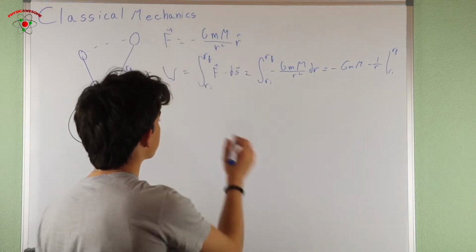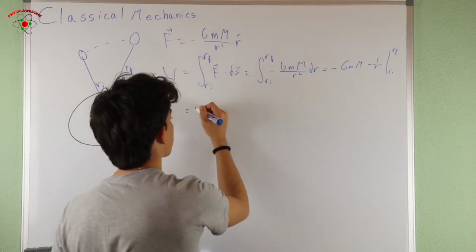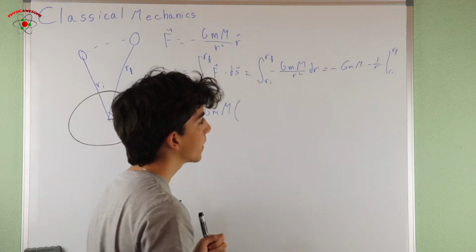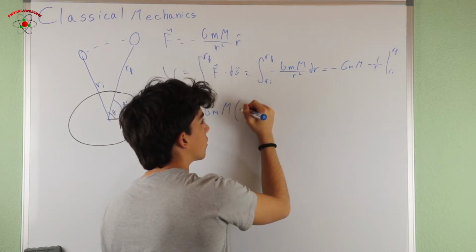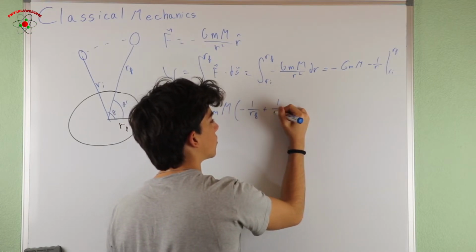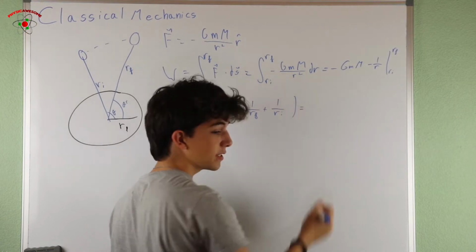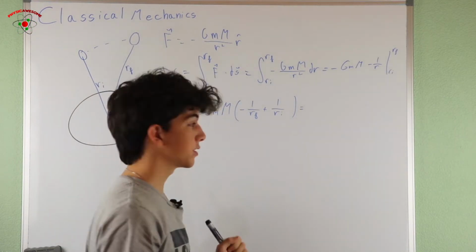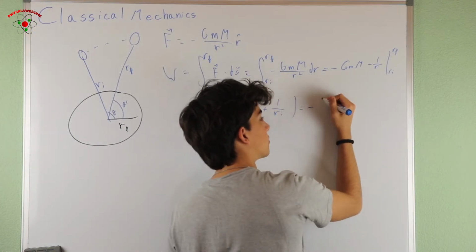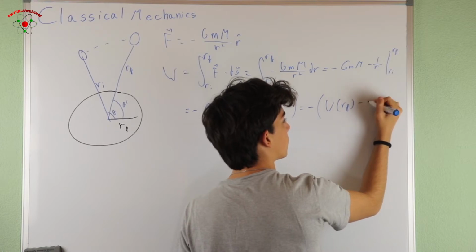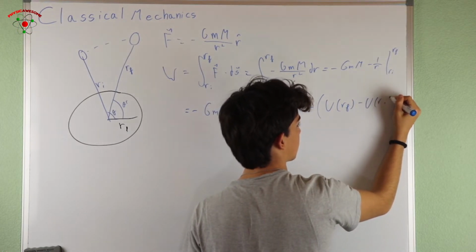Substituting the limits, we get that the work is minus GMm times (minus 1 over r final plus 1 over r initial). And this is going to be equal to minus the change in potential energy, so minus (U at r final minus U at r initial).